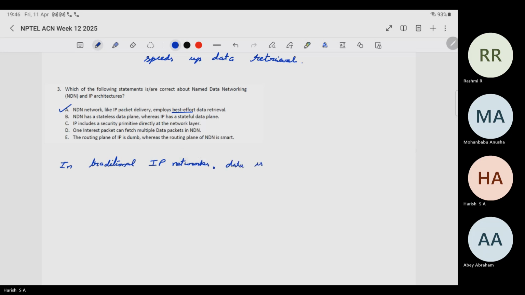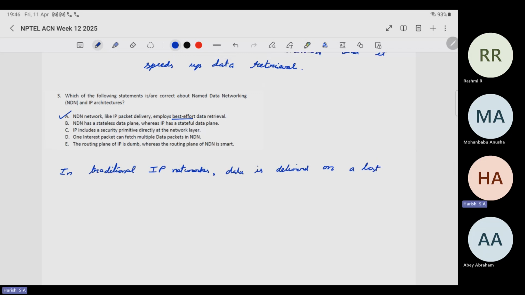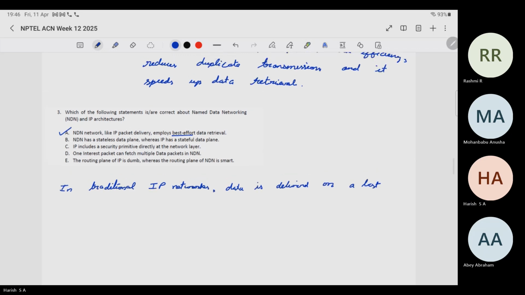data is delivered on a best effort basis, without guarantees of successful delivery.